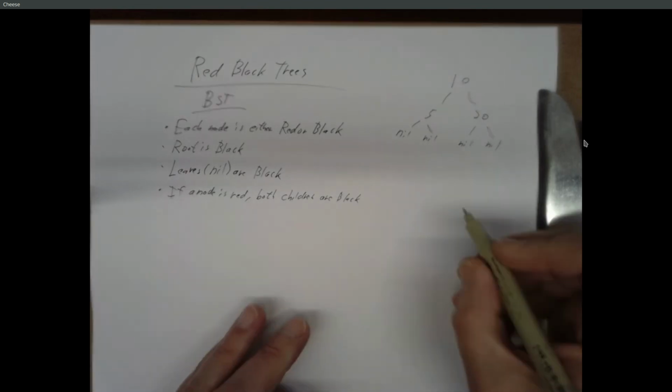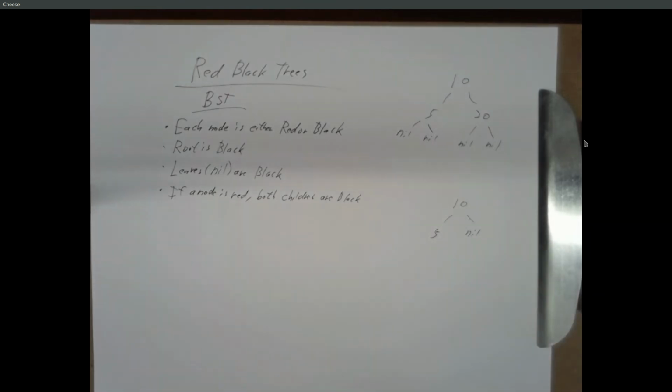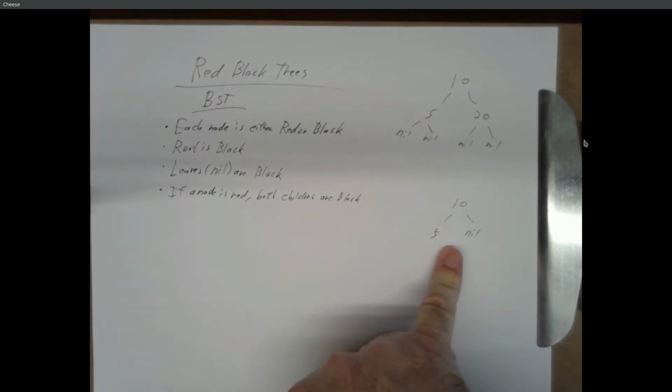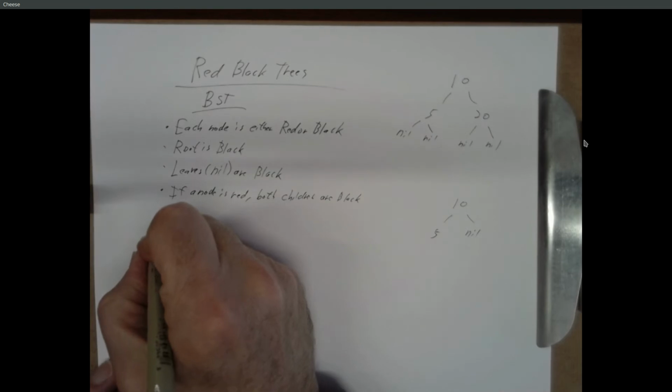So even if your tree looks like this, this would be nil. So this 10 actually has 2 children, so we don't have to deal with leaves that only have 1 child. So if a node is red, both its children have to be black. If a node is black, its children could be red or black. But red nodes, black children. So here's the cool part.